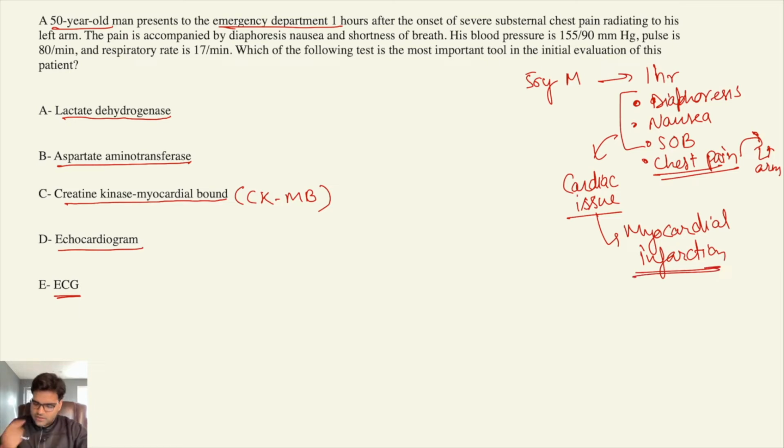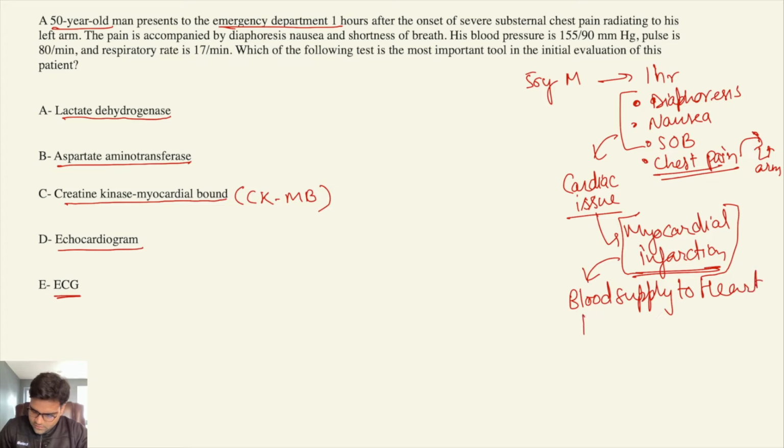So myocardial infarction is basically a disease or presentation in which the blood supply to the heart decreases. Why it decreases is because the blood vessels that are supplying the heart get narrowed or thrombosed, and supply decreases.